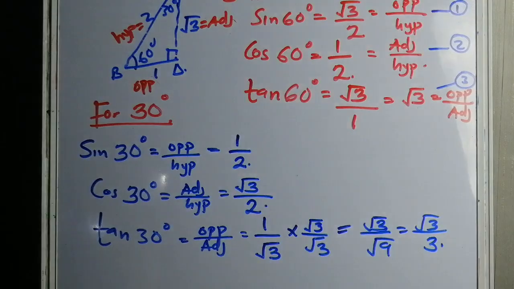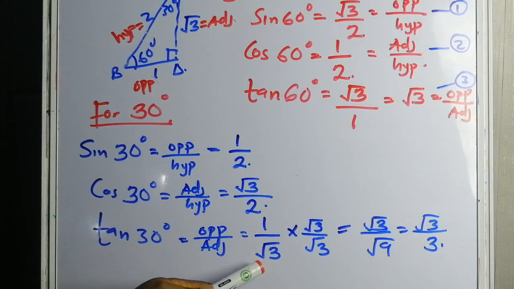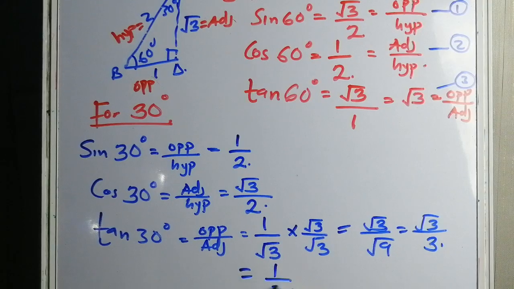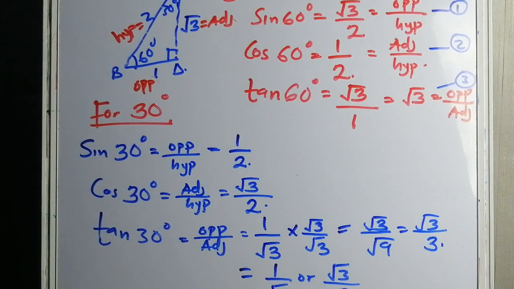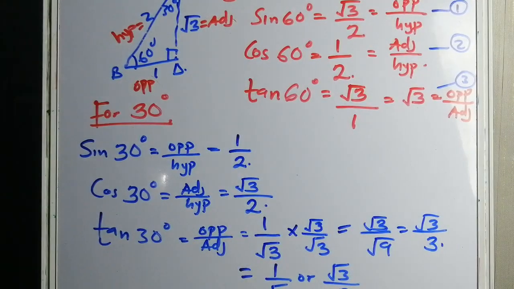So tan 30 is either 1 over root 3, but if you don't want to leave it like that, change it to root 3 over 3. It's as simple as that. So you can have 1 over root 3 or root 3 over 3. That is the value for sine 30, cos 30, and tan 30.